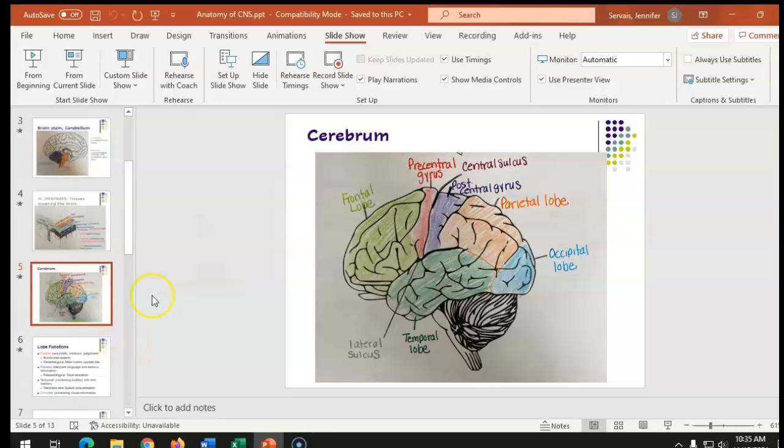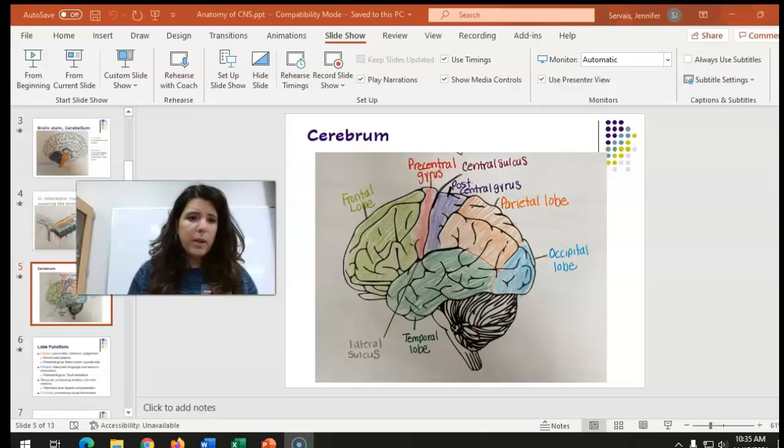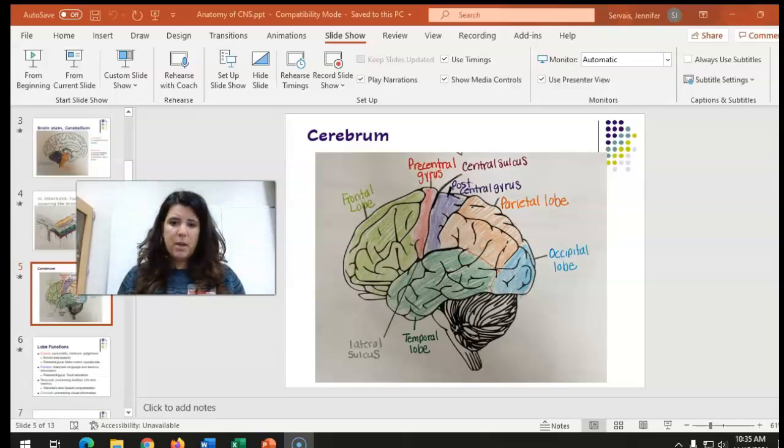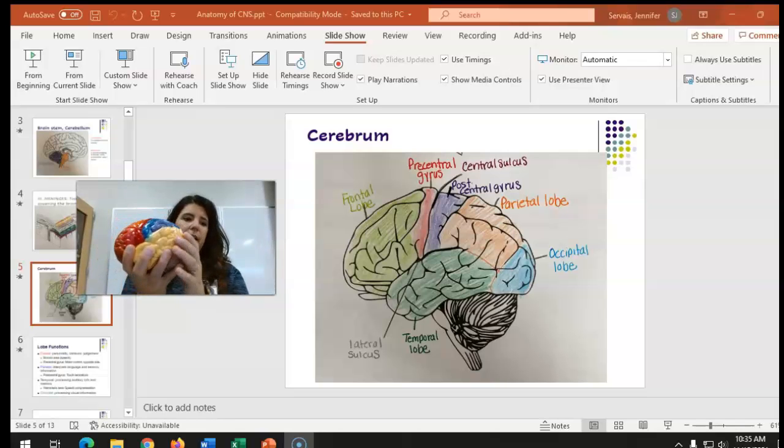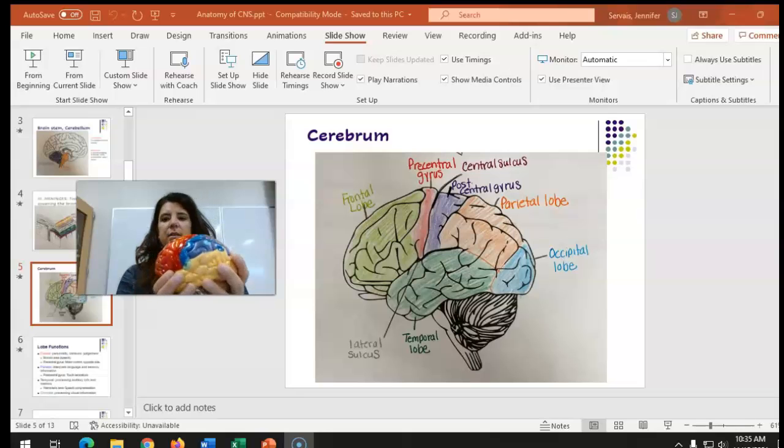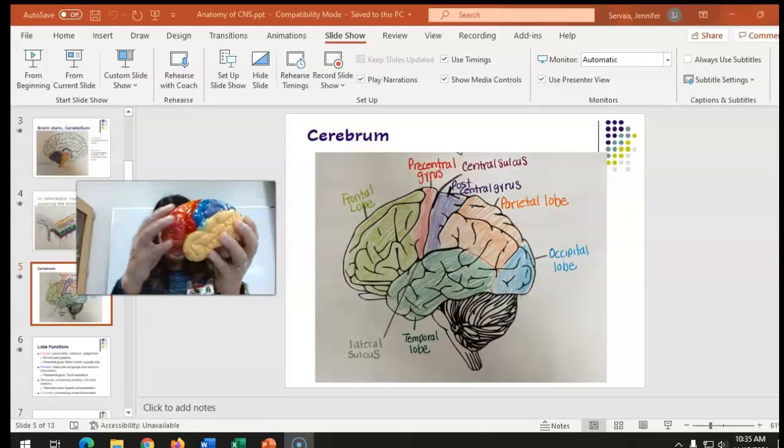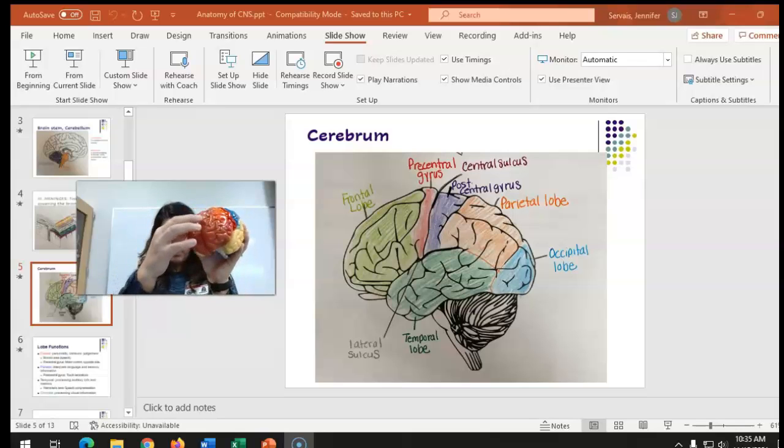So going back to the cerebrum. When we talk about the cerebrum, we are looking at, again, this main area here of the brain. The cerebrum is going to be divided into lobes. So we have the frontal lobe, which sits right behind the frontal part of the skull. So it's going to be the front part of your brain. If you're looking straight forward, this would be the front part.